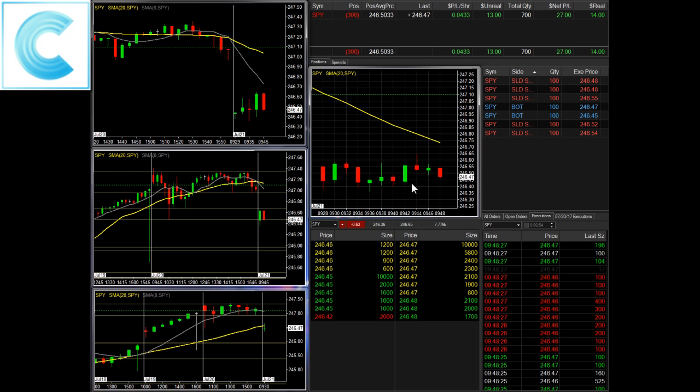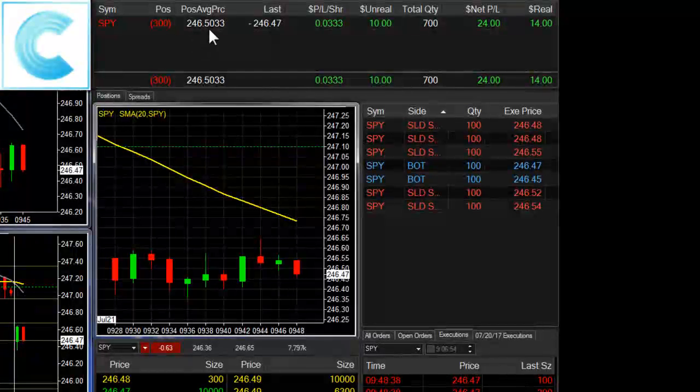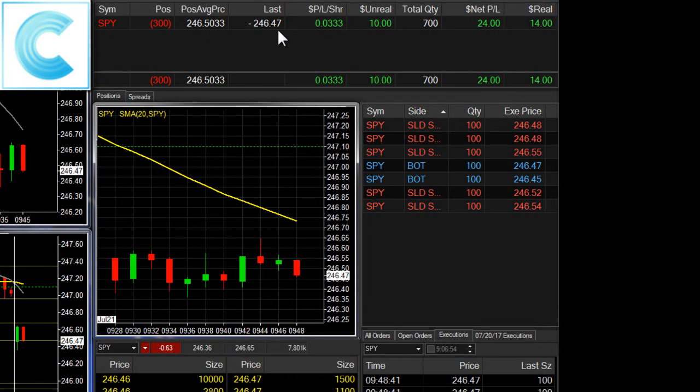And as it comes into the bottom of the low of the range area, I may consider adding even more shares to it. I currently have 300 shares, average price is the 50s, current price is the 47s, 46s. Unrealized profit is $7, realized profit is $14.